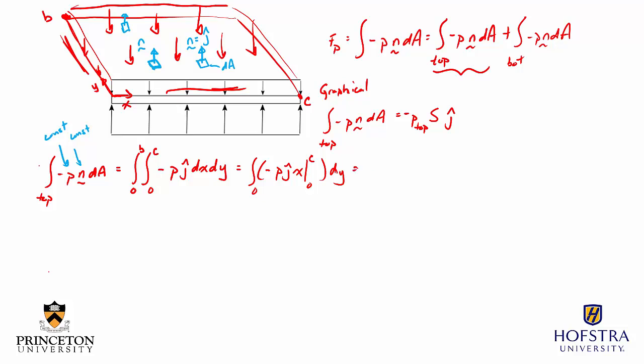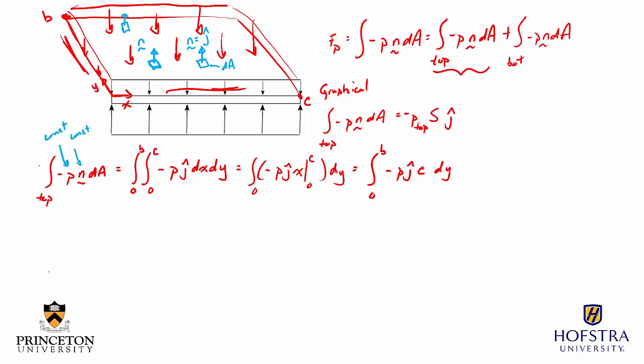So this gives me the integral from 0 to b of minus p j, times c minus 0, which is just c, dy.